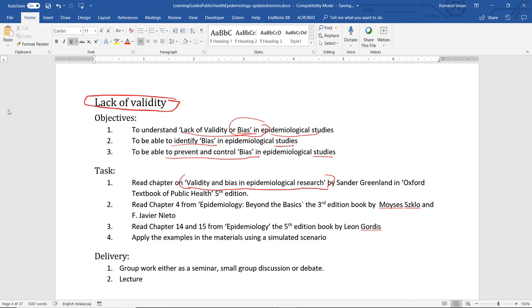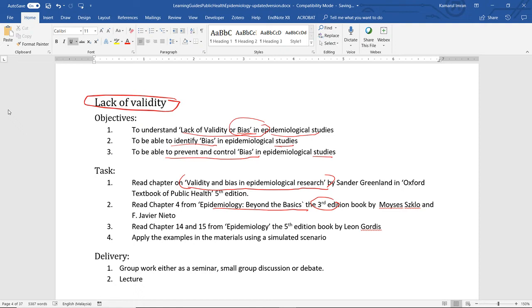Our textbook is this one, Epidemiology Beyond the Basics, 3rd edition. I propose you read the latest edition, the 4th edition, by Szklo and Nieto. Almost all contents of my lectures concerning public health epidemiology were taken from this book.